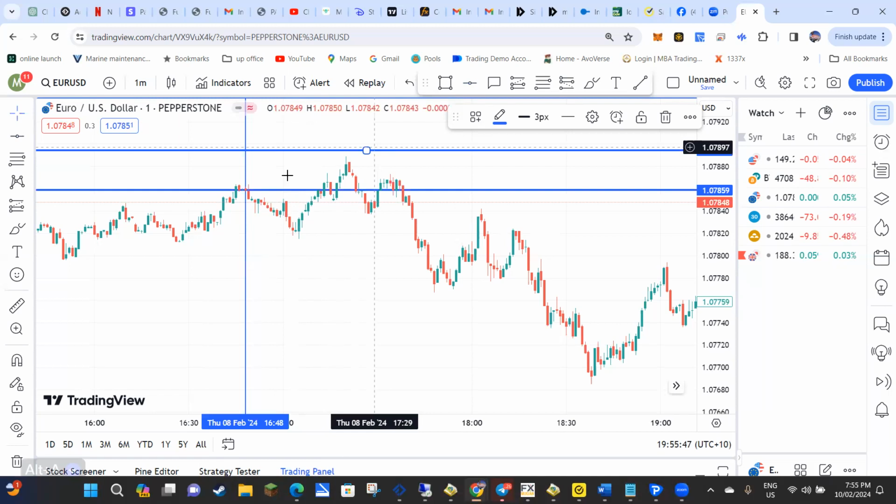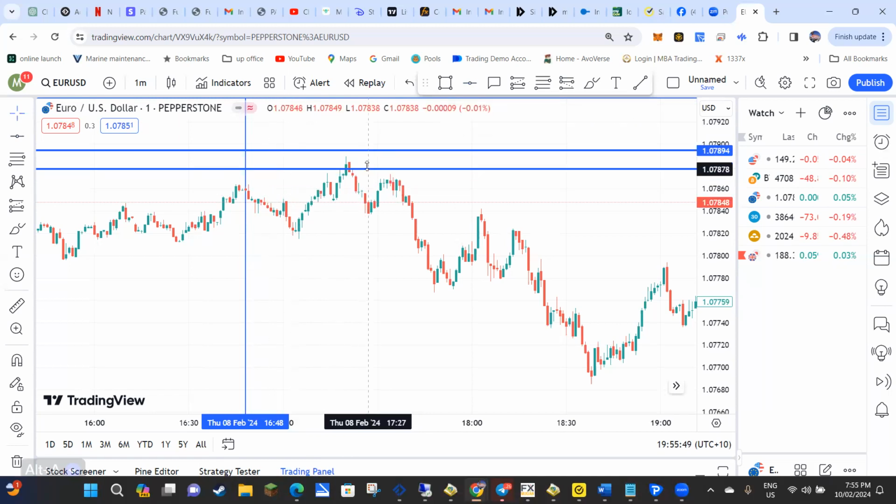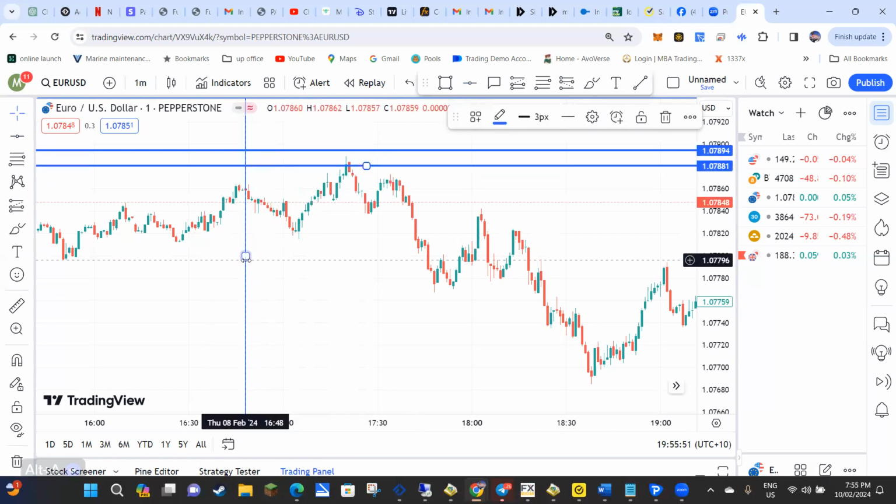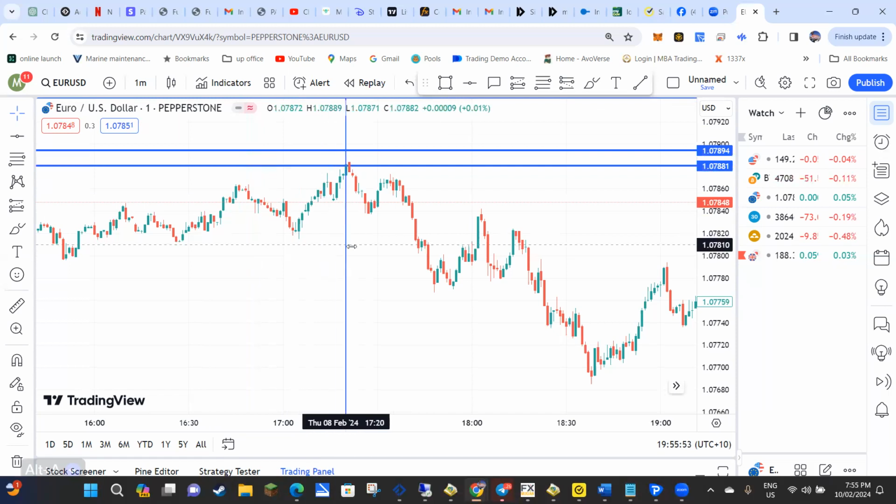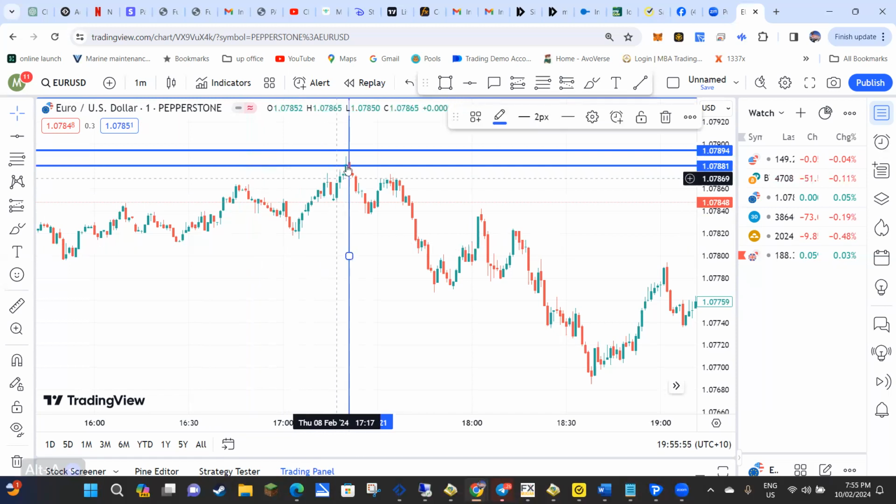So that needs to be there. Whereas if we placed our trade right here, the stop loss can still be in the same place, but it's much closer. So this trade here could be twice as large as this one here and still only risk the same amount of money.